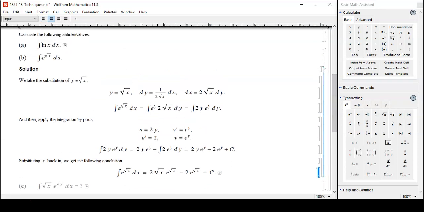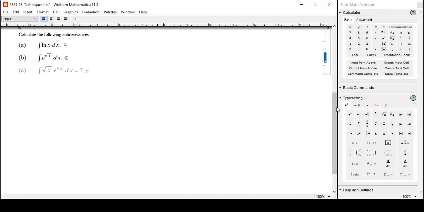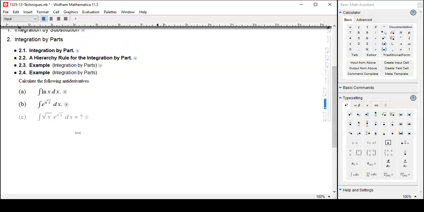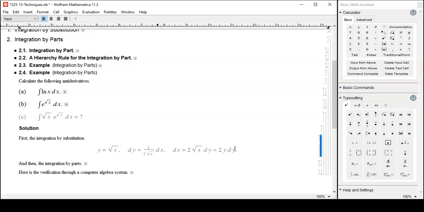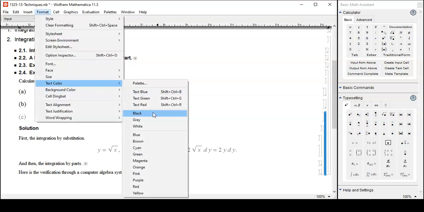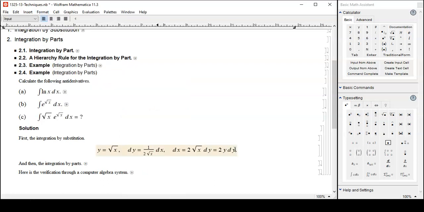Everything is here. Do I have enough time for this one here? Why did I de-emphasize it in gray? Integration by substitution, same as before.